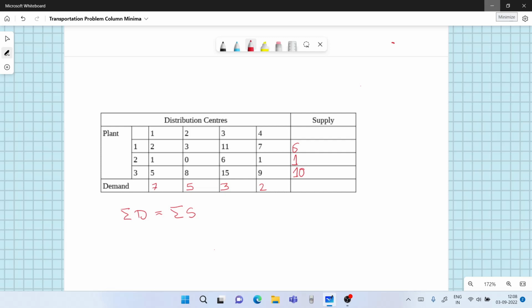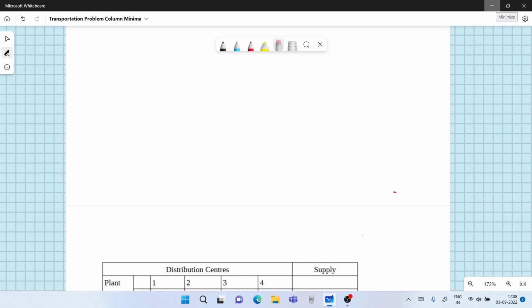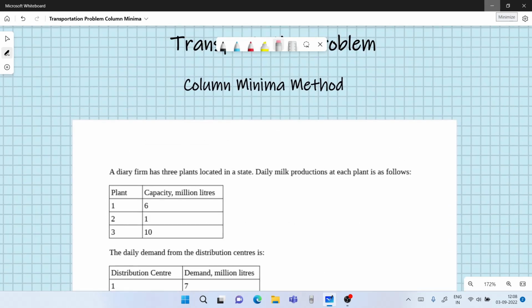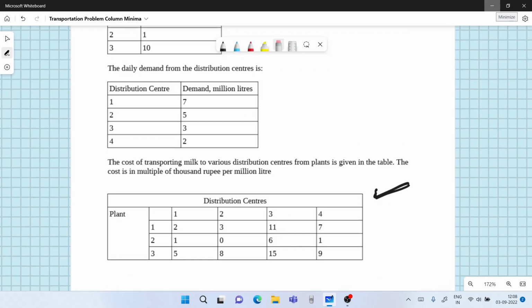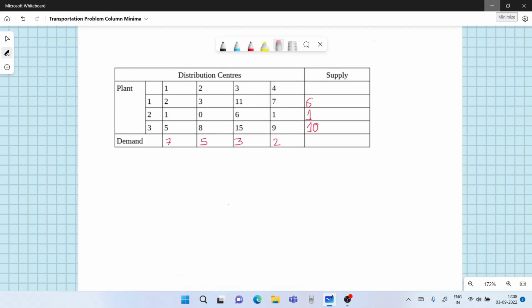If there are unbalanced problems, they have to be converted into a balanced problem, and only then can we go ahead with the solution. So this is a balanced problem, and we can go ahead without resorting to any other techniques to make it balanced. Now, how do we use the column minima method, which we are going to learn today?